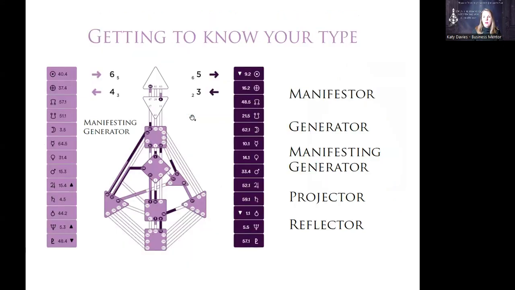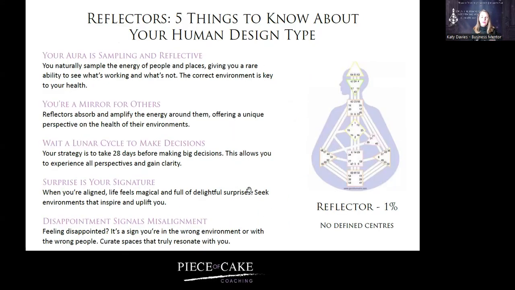The other types, manifestor, projector, and yourself, may find that when you start to align to your human design, you were actually leaning towards or being influenced by a generator or manifesting generator, almost trying to act or behave like that because that is how the world works and what is expected of us. Obviously it depends on how much personal development you've done, and how tuned into yourself you already are.